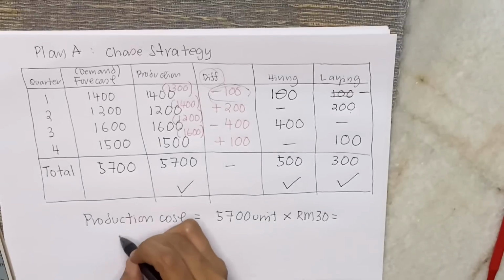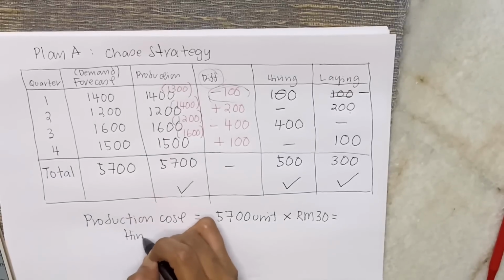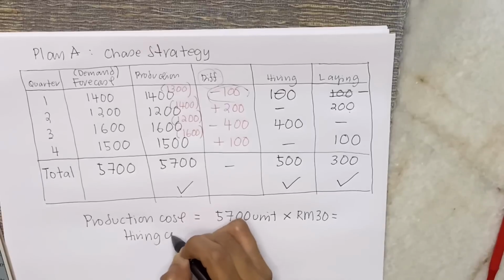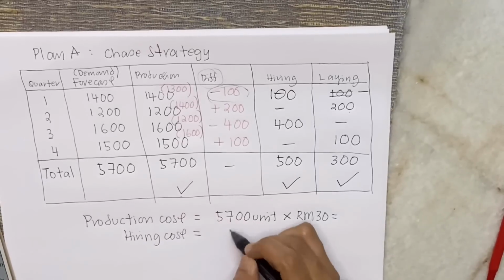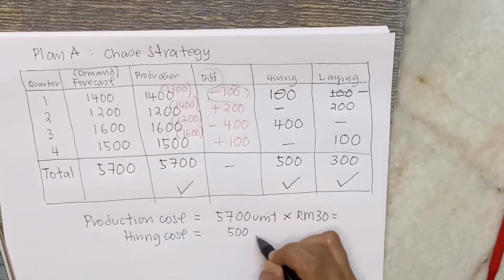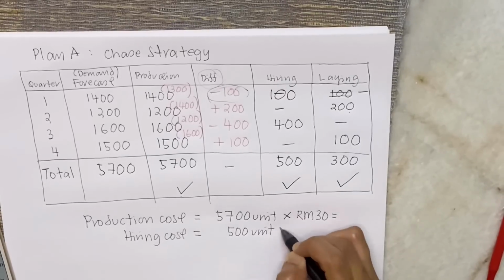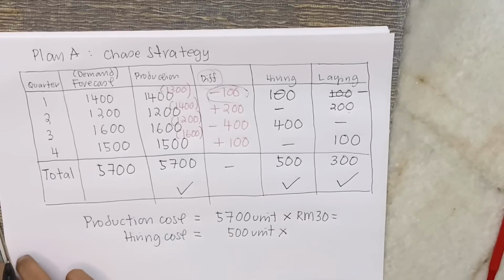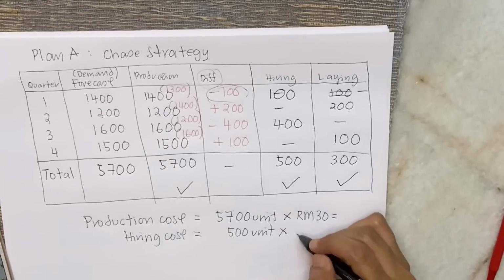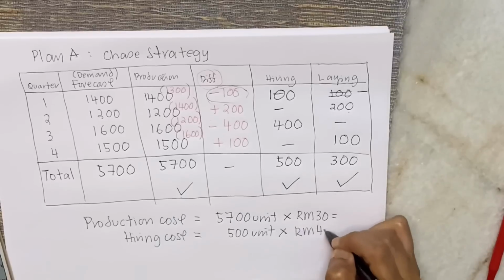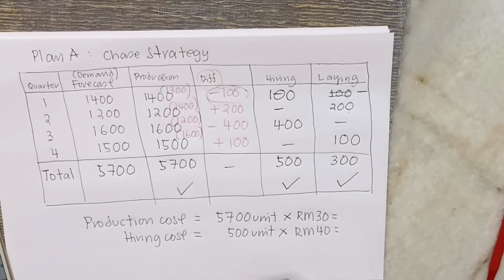Yeah. So the second one is hiring cost. Hiring cost is equal with 500 units times with, what is the total for hiring? Hiring is RM 40 per unit. Yeah.